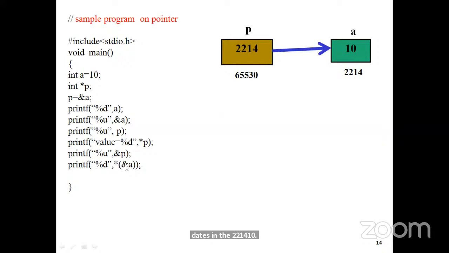Star of 2214 is also the value 10. So this is the output we are going to generate. Normally, if you execute, you will not get exactly 65530. These are randomly generated addresses. It may change from system to system. Okay, try to understand.